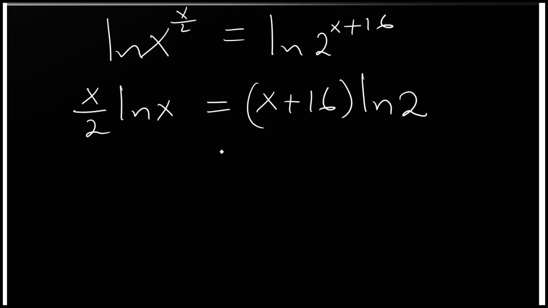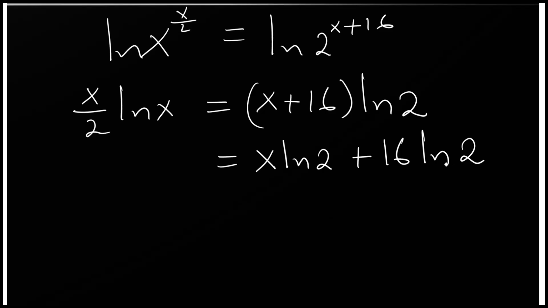So we have x plus 16 times this, so we can expand that bracket. That will be x ln of 2 plus 16 ln of 2. And this side is x on 2 ln of x.